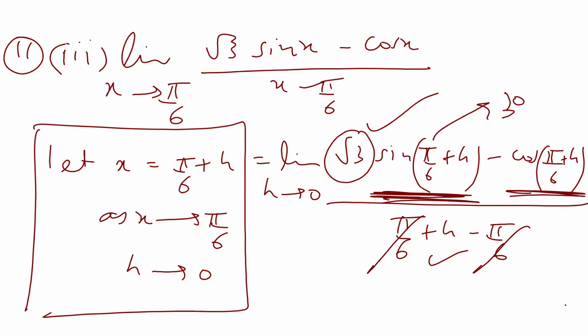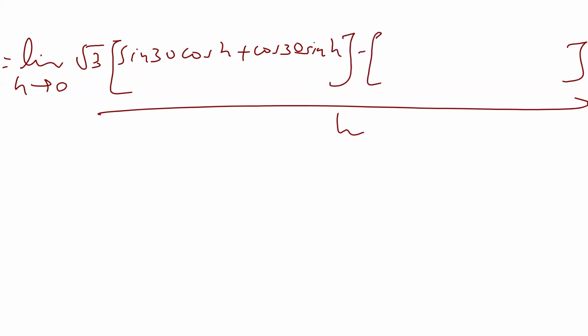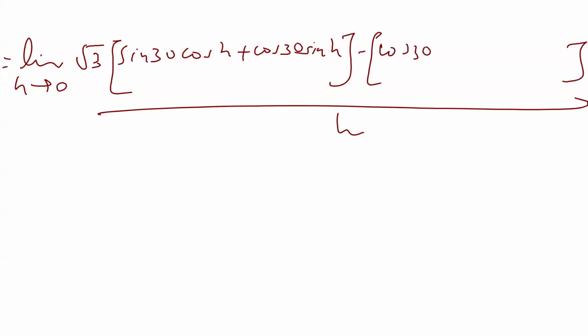So sine 30 cos h plus cos 30 sin h, and here this is also 30. So cos 30 plus h is cos 30 cos h minus sin 30 sin h.